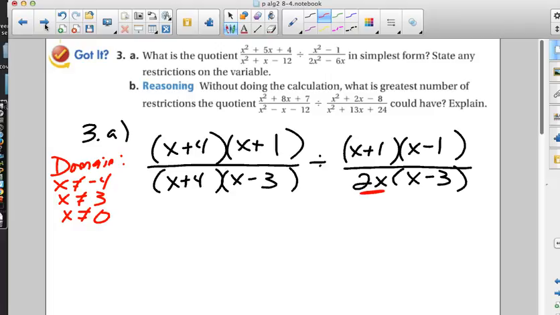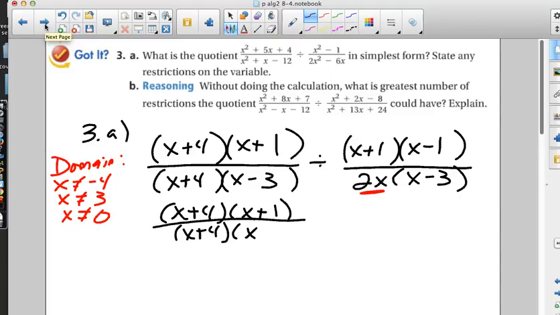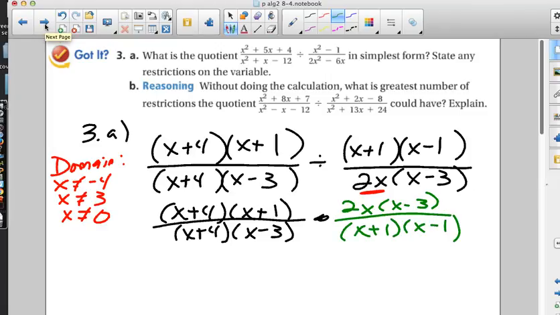What do we do next? Flip. Then what? New restrictions on the domain. They are.